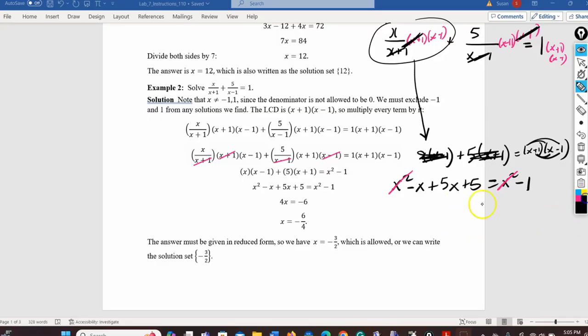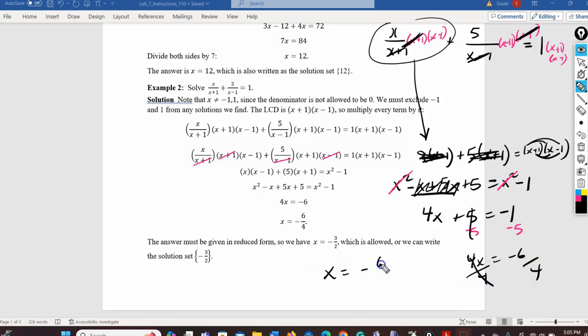So I'm going to have left, well, negative x plus 5x is 4x. And so subtract 5 from both sides. And I'm going to get 4x is equal to negative 6, and then divide both sides by 4. And you're going to get x is equal to negative 6/4, but that reduces to negative 3/2.